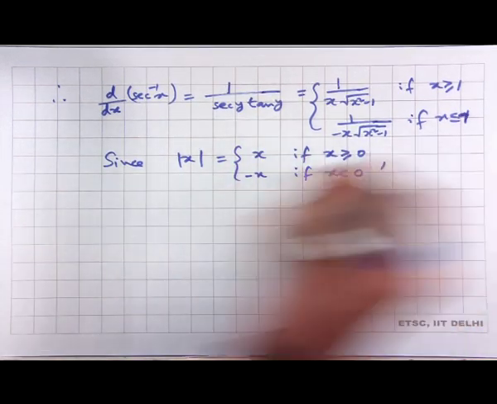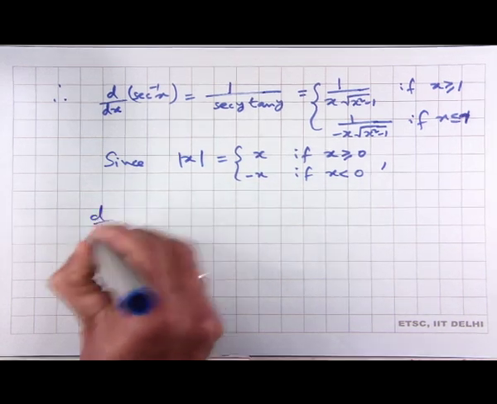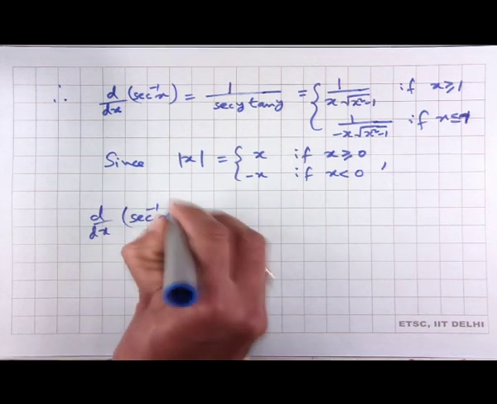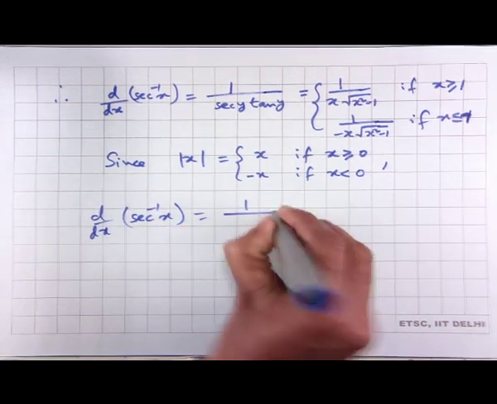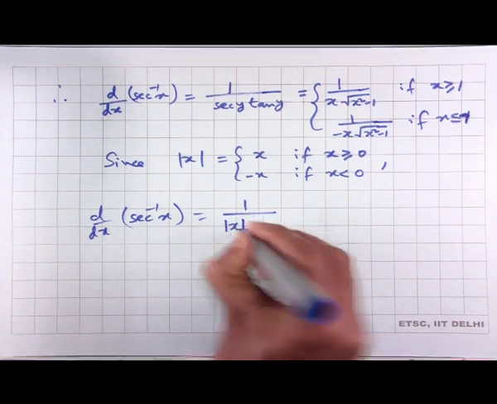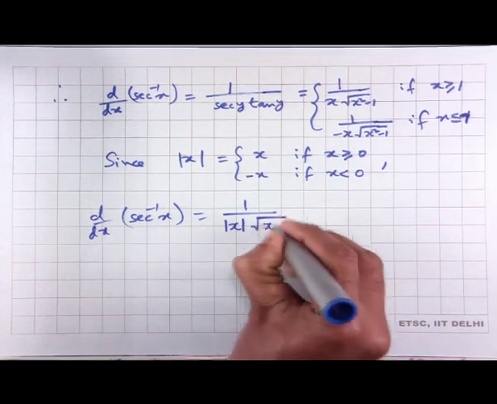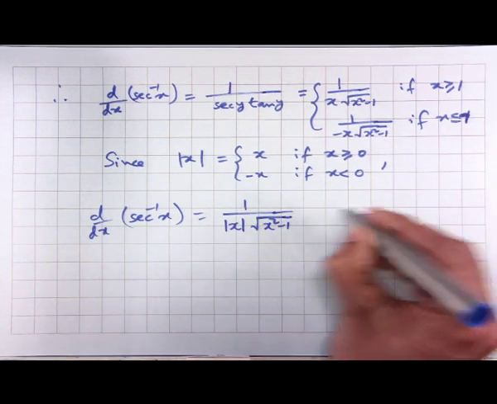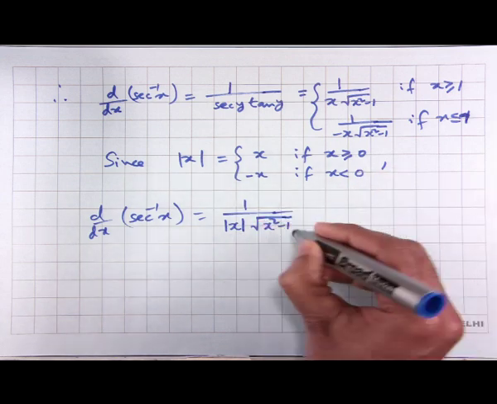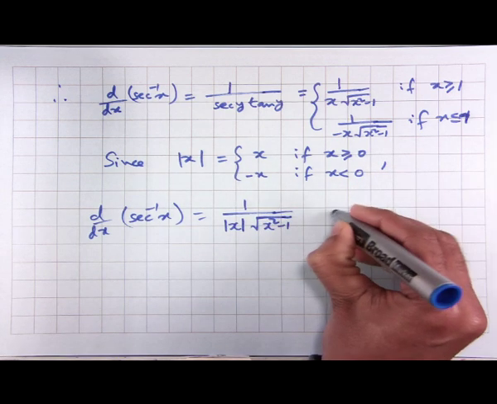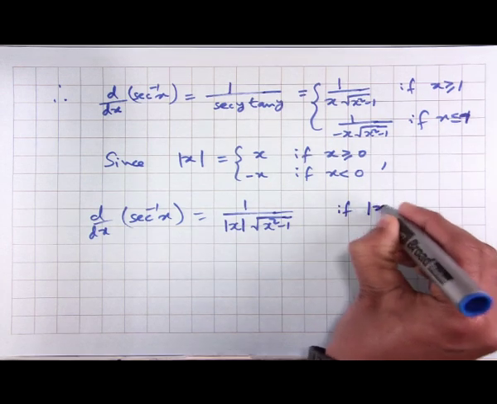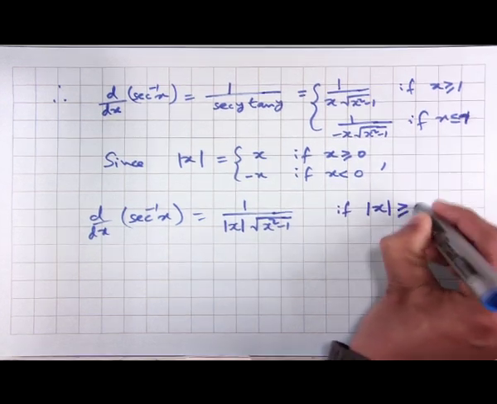We can write d by dx of secant inverse x is equal to 1 over mod x times square root of x square minus 1, and of course, we know that this is defined if mod x is greater than or equal to 1.